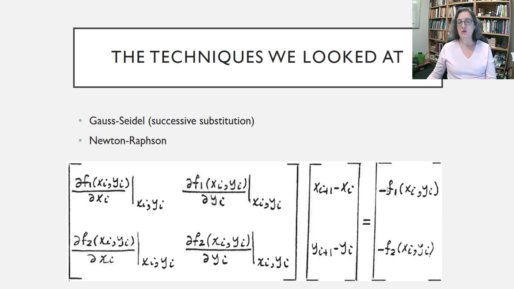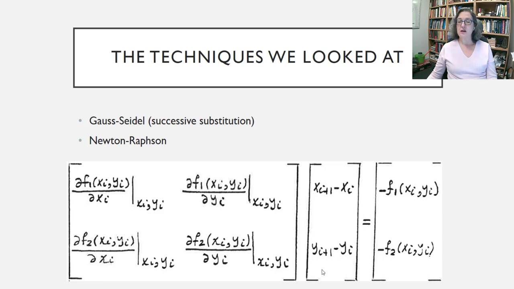And that is going to equal the negative of the value of our function evaluated at our current guess. Okay? So I'm going to tell you right now the things that commonly go wrong: people either forget to do the negatives, that's a common one, or they forget that what you're calculating here is going to be a delta x, right? It's the difference between our old and new value of x.